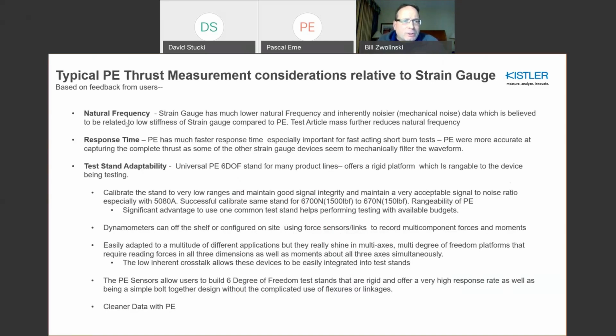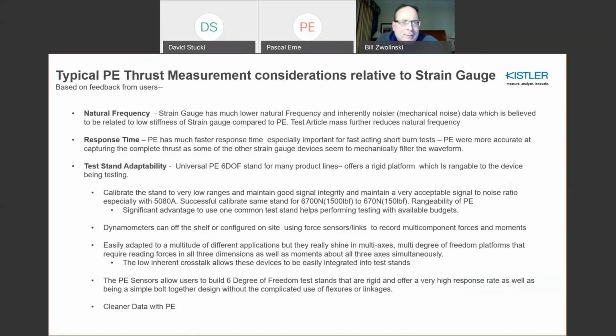And certainly what's brought out to me anyway is strain gauge has a much lower natural frequency, and it's viewed as inherently noisier from a mechanical noise perspective. It's got a lower stiffness, and certainly the test article mass would further reduce that natural frequency. So I think that's definitely understandable. It's a flexure-based system versus a stiff system based on stiffness. So definitely reasons to understand that comment from users.